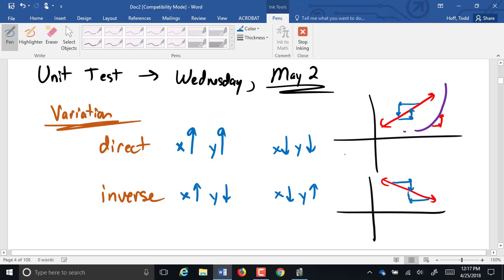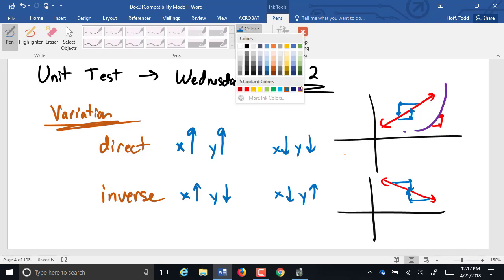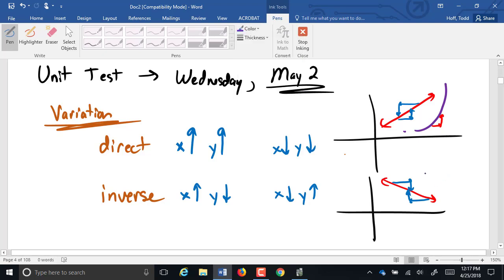X gets smaller, y gets larger. But again, it doesn't have to necessarily be a linear relationship. It can be parabolic. It can be a curve like that, or it can be a curve like this. Either way, you can see if the x value gets larger, the y value gets smaller.